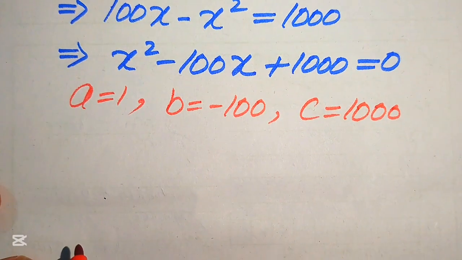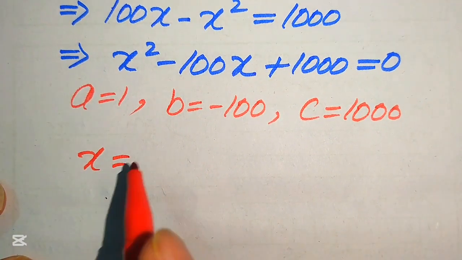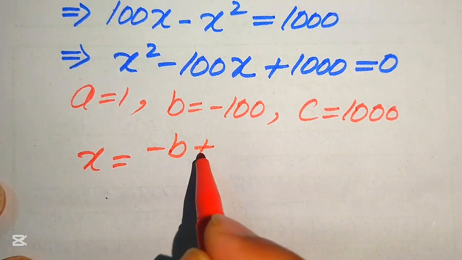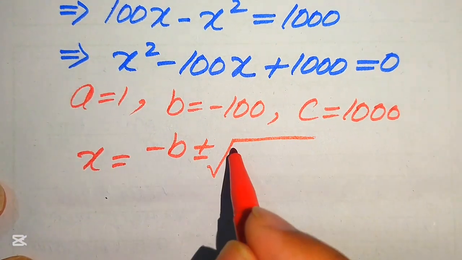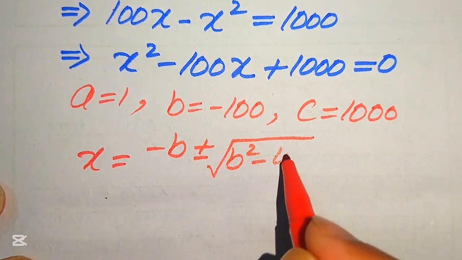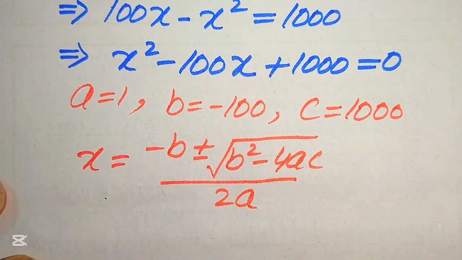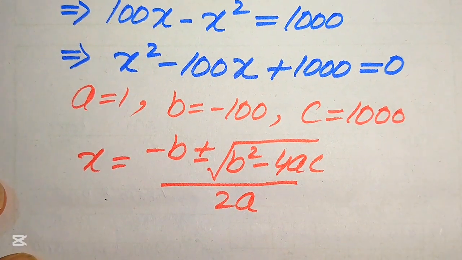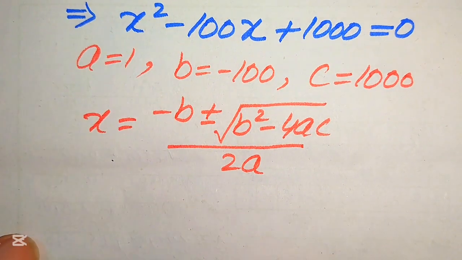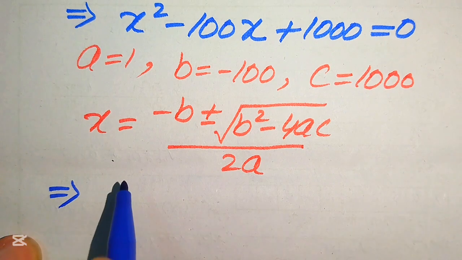We state the quadratic formula as x equals minus b plus minus square root of b square minus 4 times ac, divided by 2 times a. So this is our quadratic formula, and now we substitute the values of a, b and c in this formula.